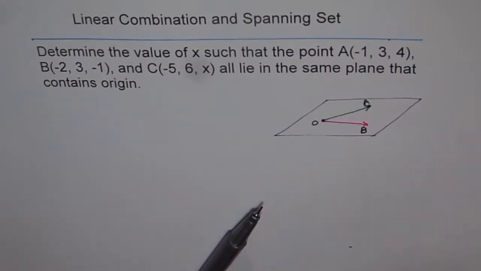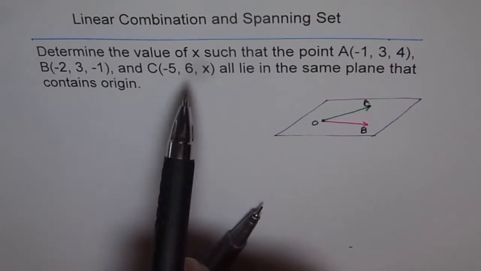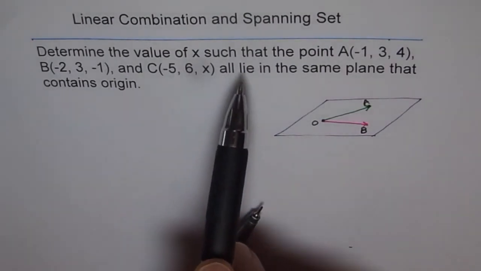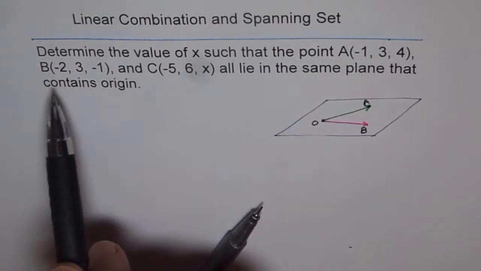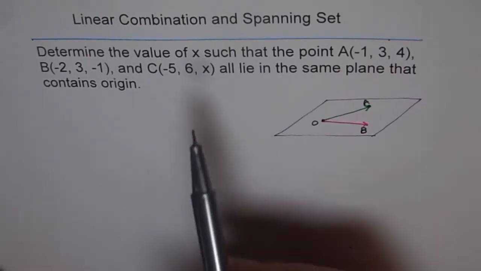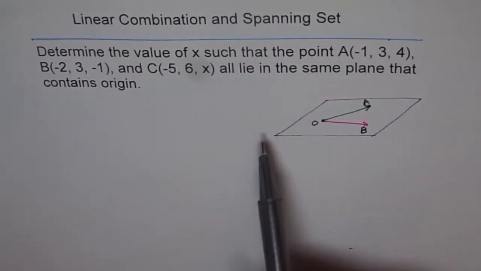Now the question is to determine the value of x such that A, B, and C all lie in the same plane that contains the origin. So we need to find the value of x so that C also lies on this same plane.